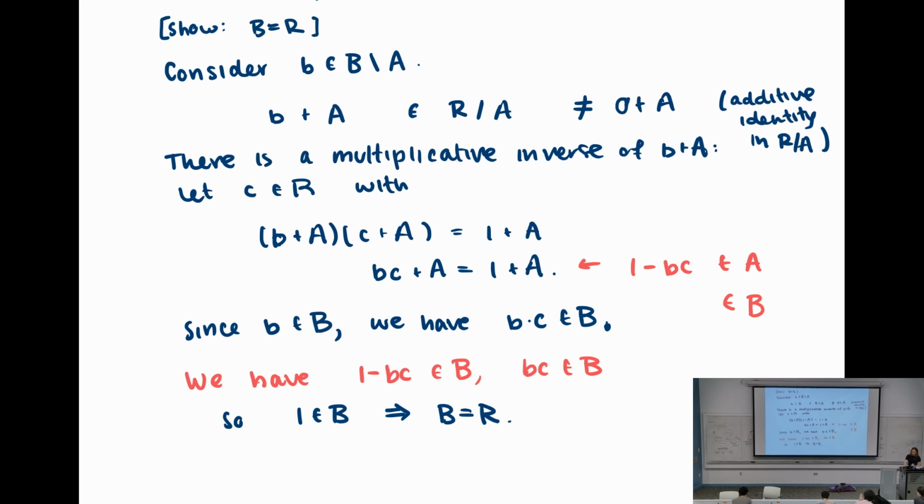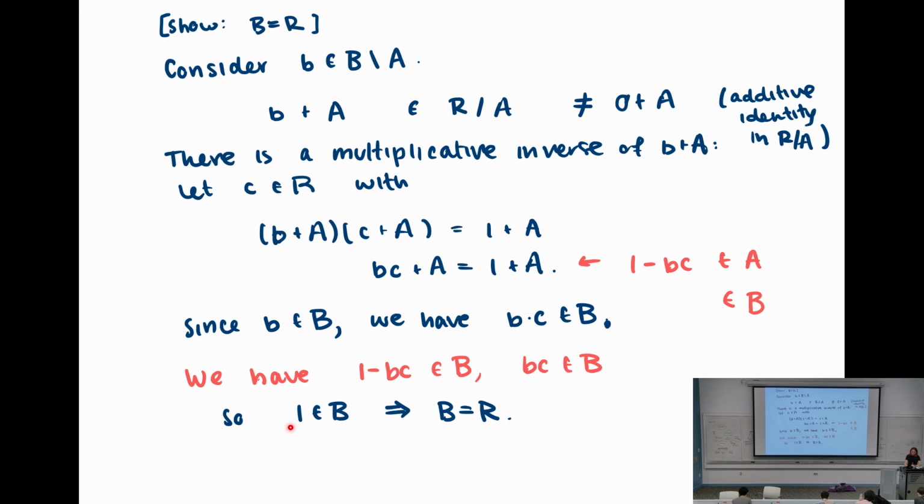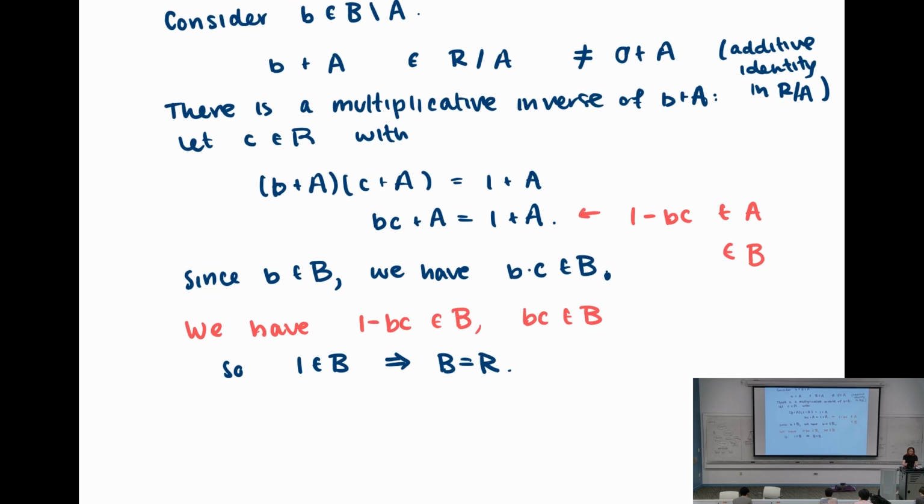And if you like, we can go over this argument again. Does anyone want to see this? Yeah, okay, so if 1 is in B, we can take anything in R. So, let's elaborate on this.